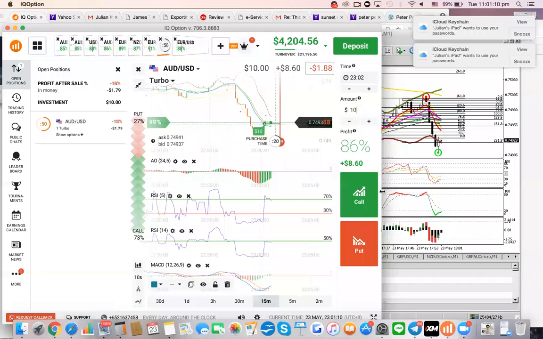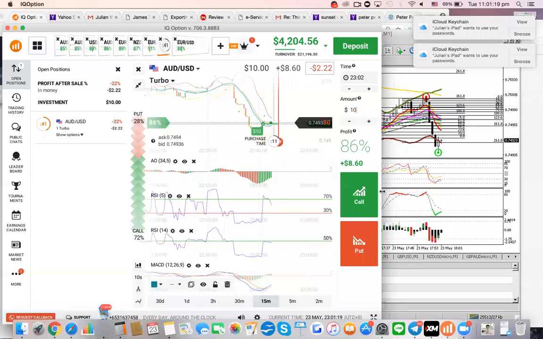Stochastic's about to cross up, and the value chart histogram is about to go to the top side. My entry is very risky though.